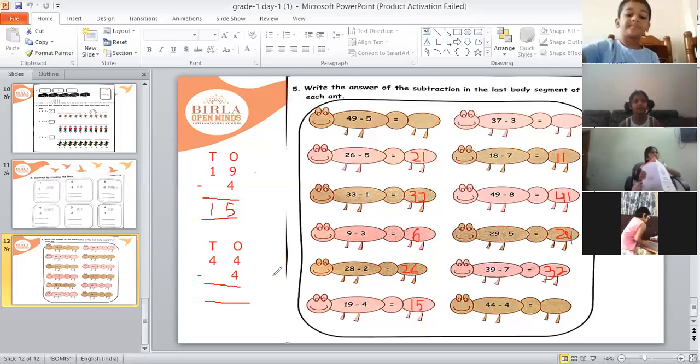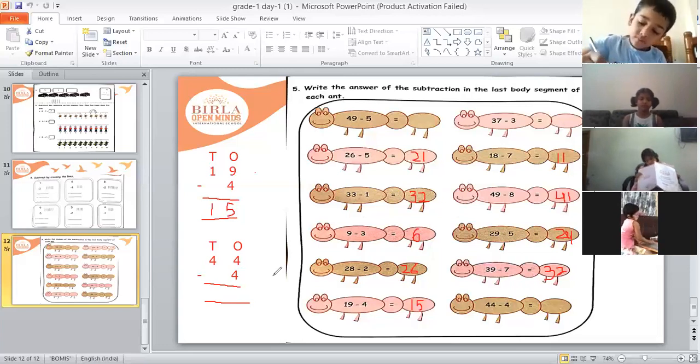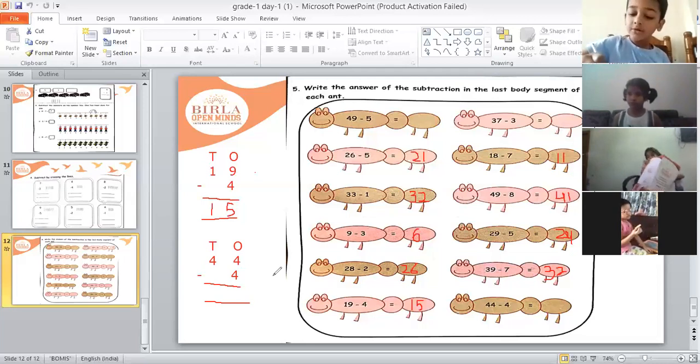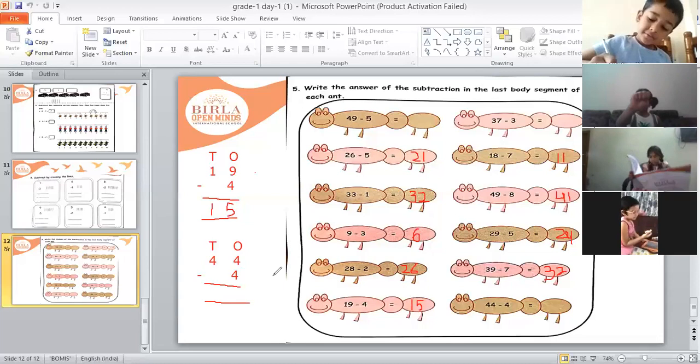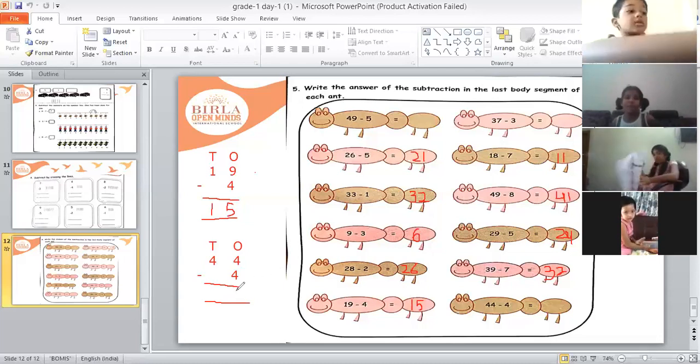4 and 4. So whenever we are subtracting the numbers, we always take out fingers according to the first number. So here first number is 4. So show me your 4 fingers. Now remove 4 fingers. From these 4 fingers, remove 4 fingers. How many are left now? 0, ma'am.